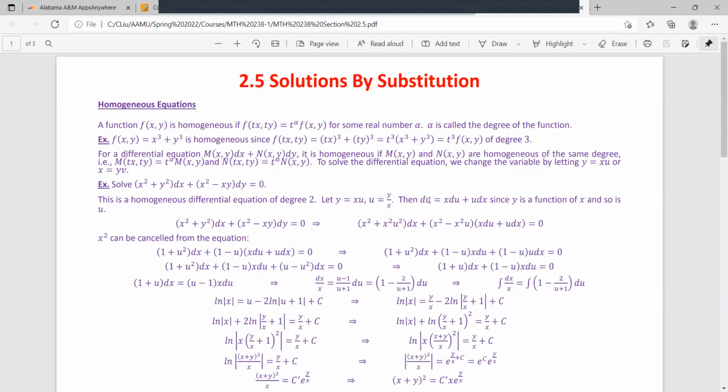I think there's a typo here. It should be dy. If you try to find the differential of y, then you have to use x times u and do the product rule. Remember? So that will be x du plus u dx.